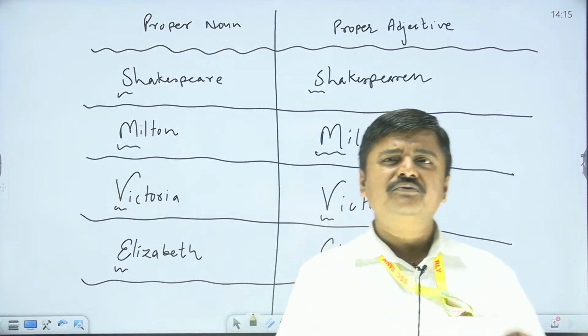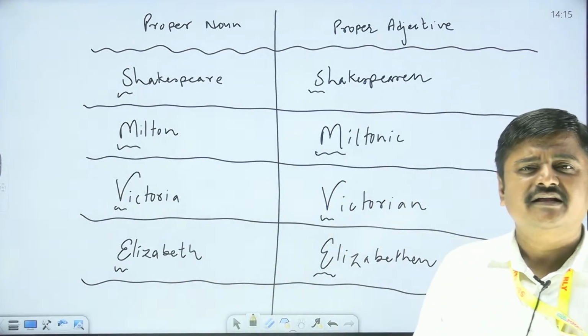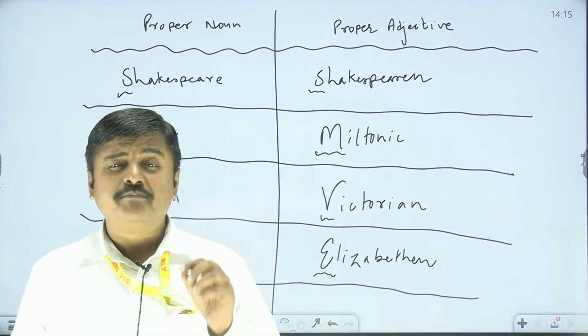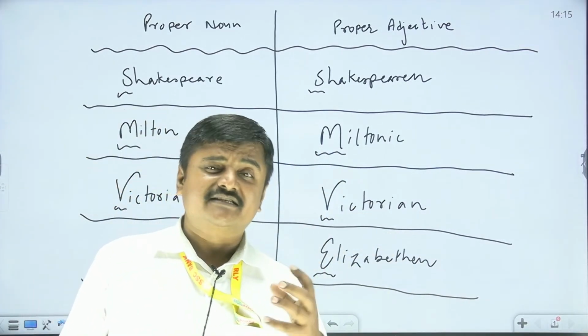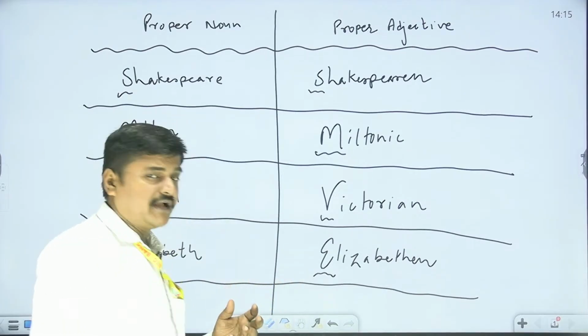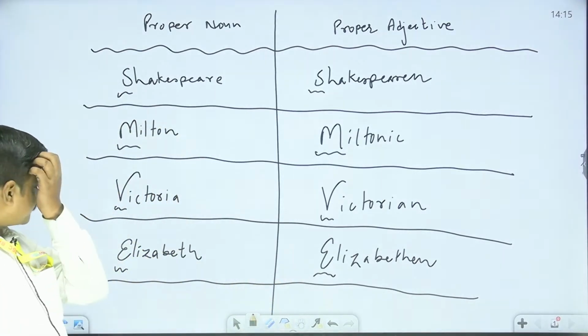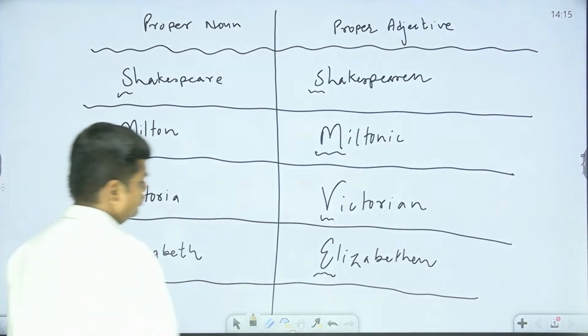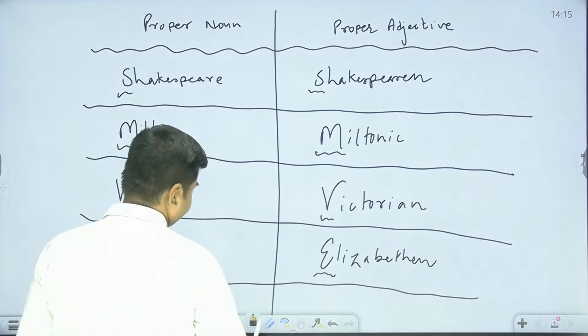So when you say all these things, in them you will find a proper adjective. Let's take some more examples. I hope you have constructed the table that is on the screen. Now take some examples.